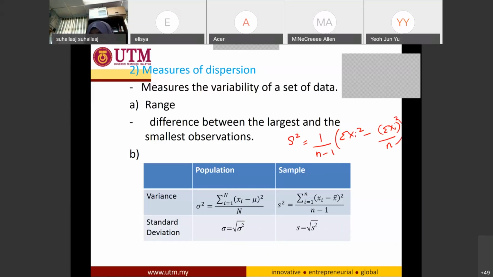If we expand this formula, summation Xi minus X bar square over N minus 1, you will have 1 over N minus 1, bracket, summation Xi square minus summation Xi, lepas tu baru square, divided by N. Biasanya kalau kita nak compute, kita pakai this one lah, kalau nak compute one by one. So, ini basic formula.